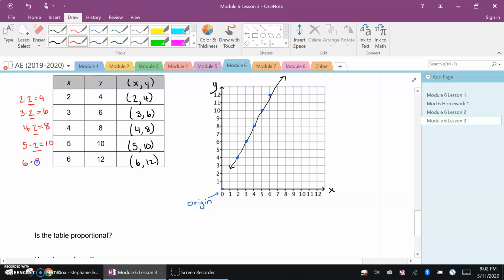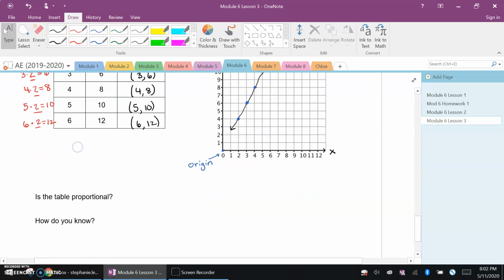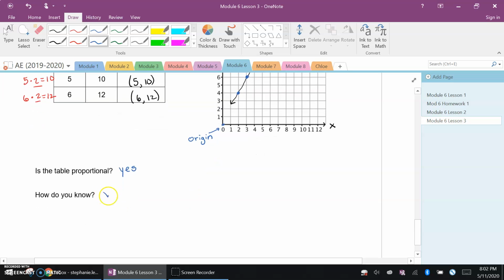And then 6 times 2 gives us 12. So because we have 2's all the way down the middle, we know that the table is proportional. How do we know? x times 2 is always y.